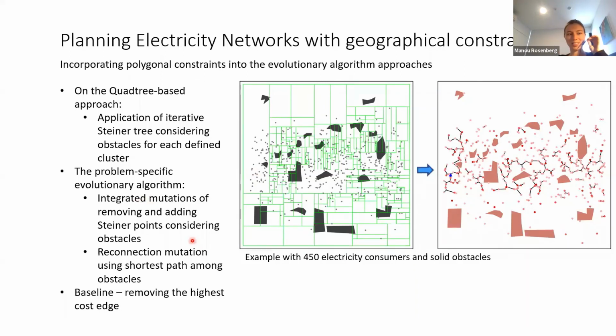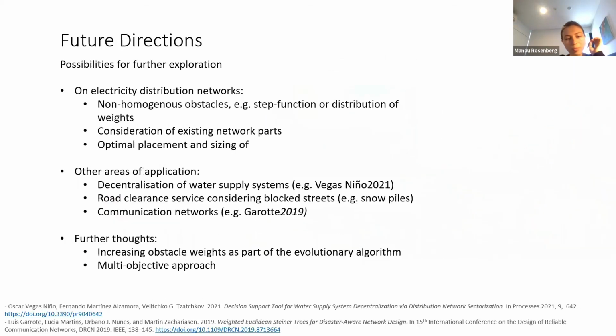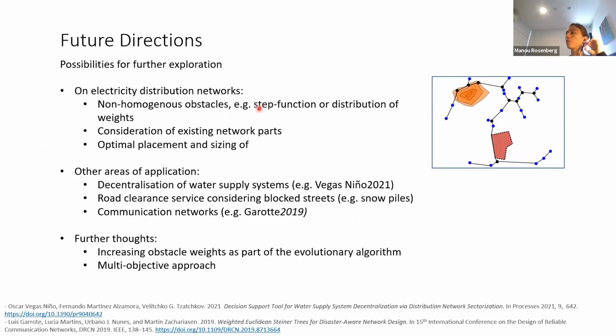Okay, to just come to an end, just looking at further possibilities. So I know I've only talked about electricity distribution networks, and so looking further into those in the future, one could consider obstacles with non-homogeneous weights. So we could have step functions or distribution functions of weights within the soft obstacles. We could also consider already existing network parts.